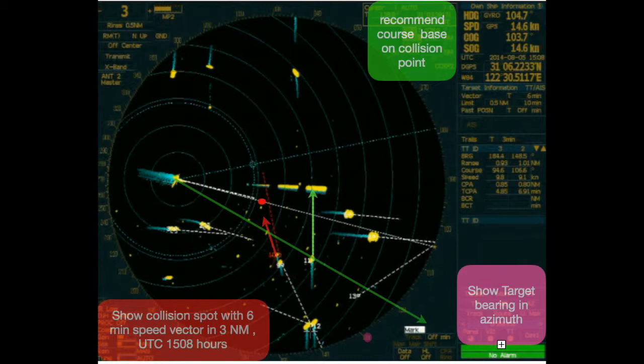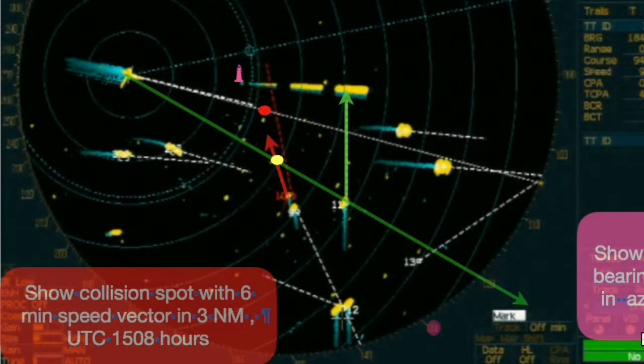Actually, there is an important concept in collision avoidance: to avoid the collision is to avoid the collision spot. So we give proper distance to the collision spot. Also, we can gain the benefit of different passing times at the new collision spot to keep us away from the danger of collision.